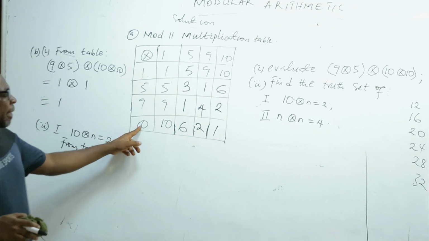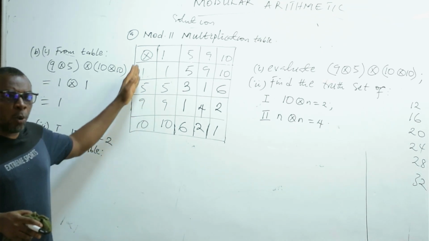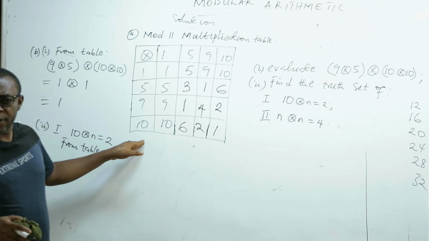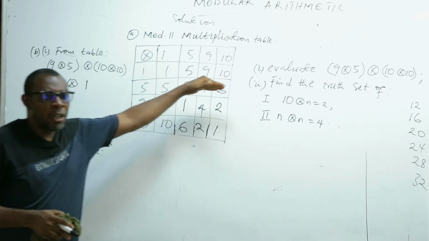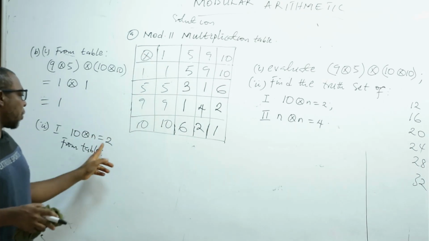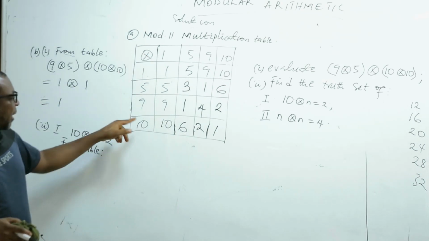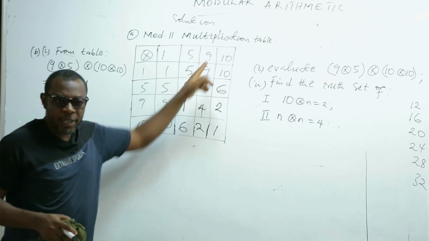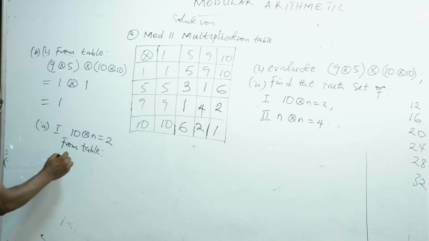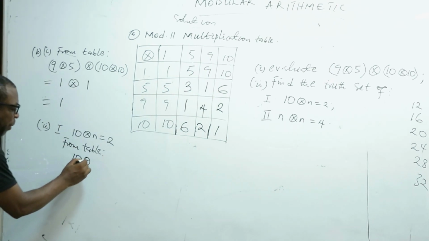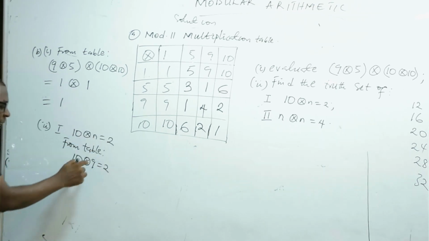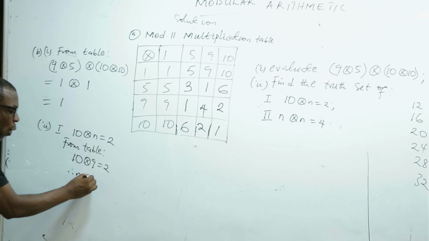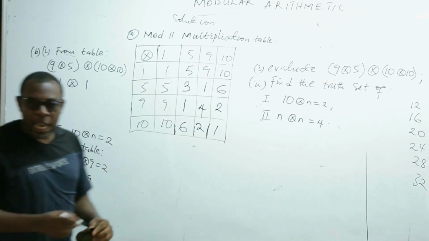Now you go to the column with 10, then you operate it with the row that will give us a value of 2. 10 operation multiplication 9 is 2. So it implies that the value of n is 9. But will I leave it that way?